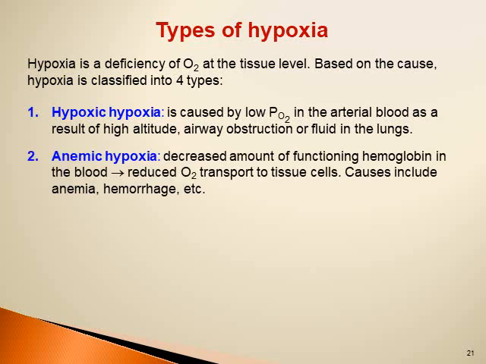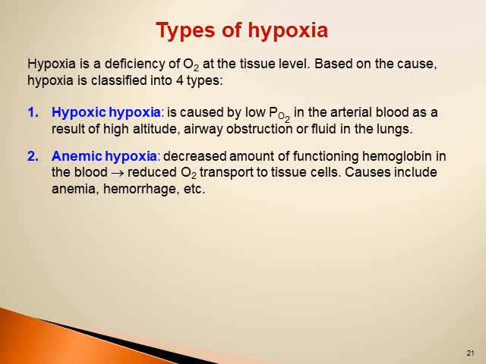The other type is anemic hypoxia. So the ventilation is fine in the lungs, the exchange is fine, but the transport of oxygen is low. Why? It is due to anemia, a decreased amount of functioning hemoglobin in the blood.